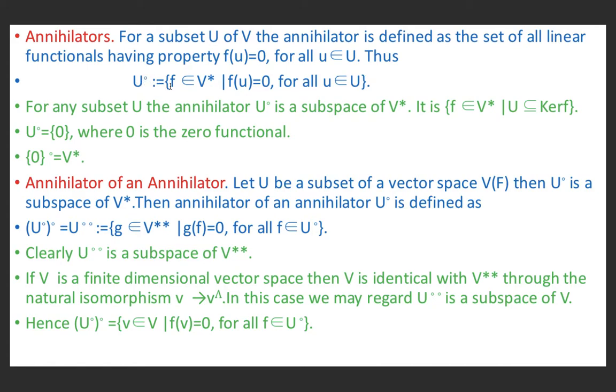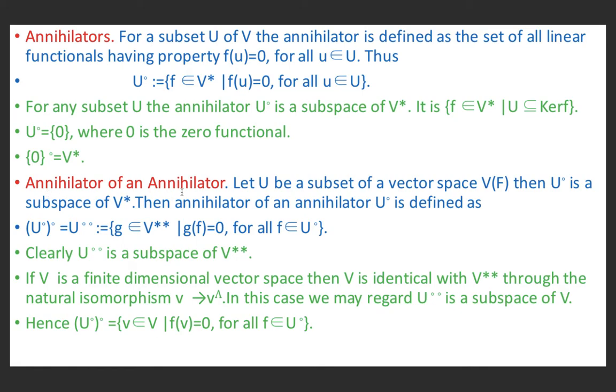U dot is equal to the set of functionals f belonging to V star, dual of vector space V, such that f of u equal to 0 for all u belonging to U. For any subset U, the annihilator U dot is a subspace of V star, dual of V, and it is equal to the set of f belonging to V star such that U is a subset of kernel f. And the annihilator of V is the singleton set 0, where 0 is the zero functional. And the annihilator of the singleton set 0 is equal to V star.